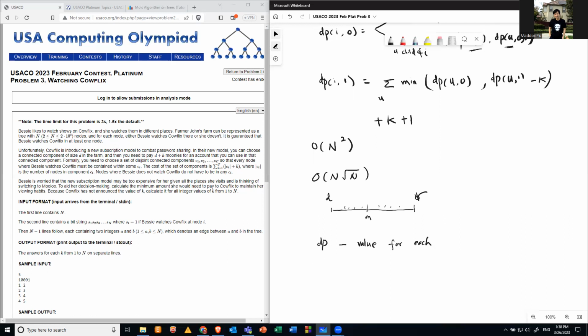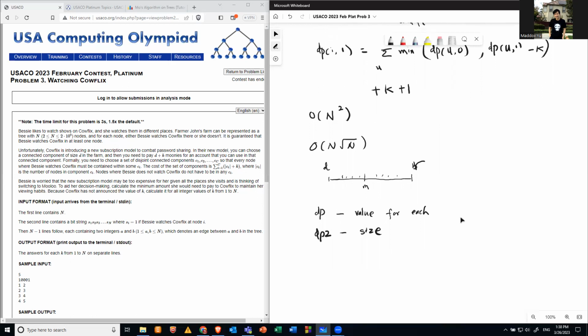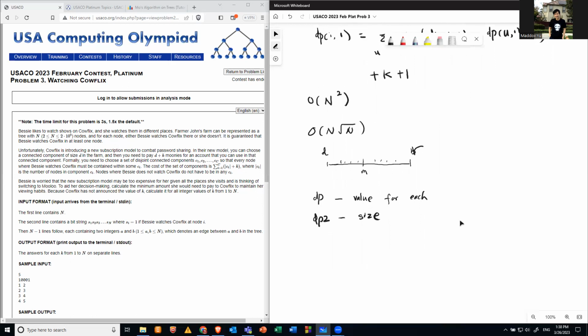Then let's say we take a dp2, which is the size of the components, right? Okay, so then we take dp3. Actually, we don't need the size. If you look, we just need the number of disjoint components I have under that tree.